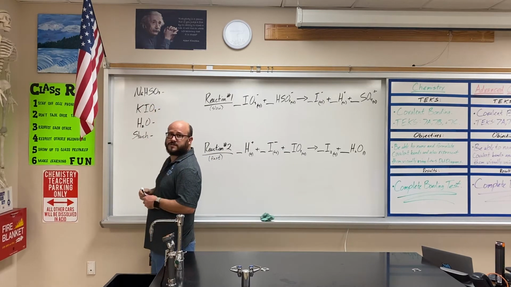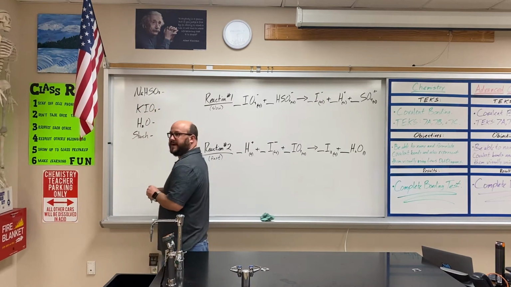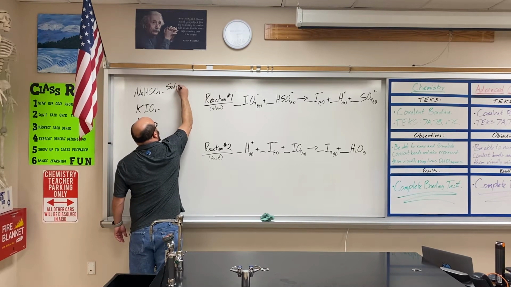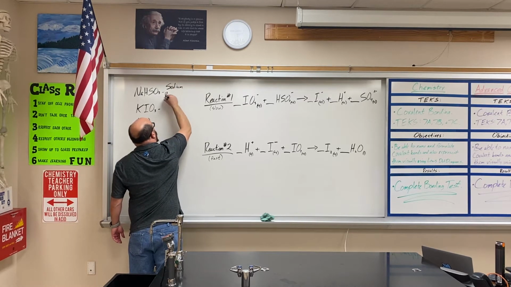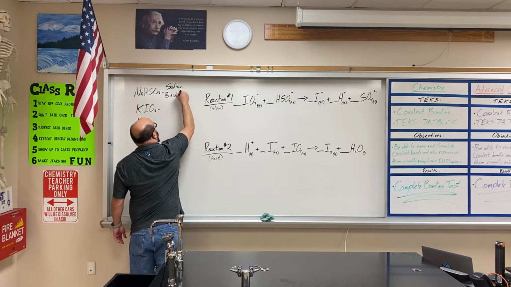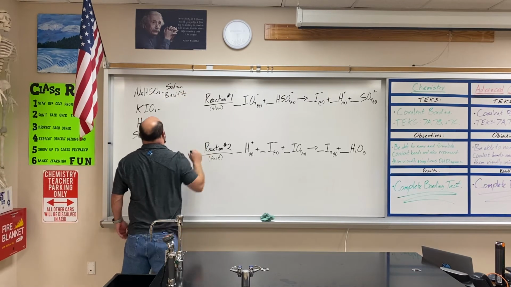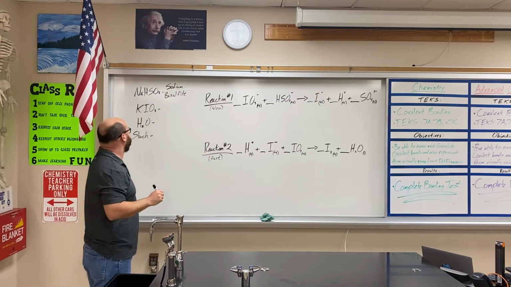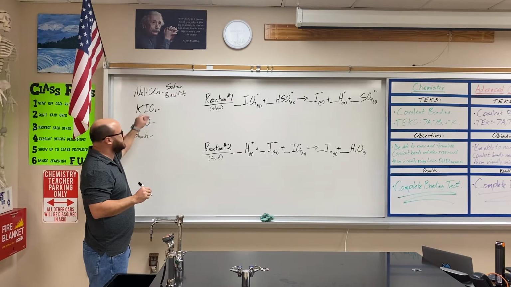Here we have sodium bisulfite. Sodium bisulfite. That H in the center is what signifies that bi part. Next up, potassium iodate.